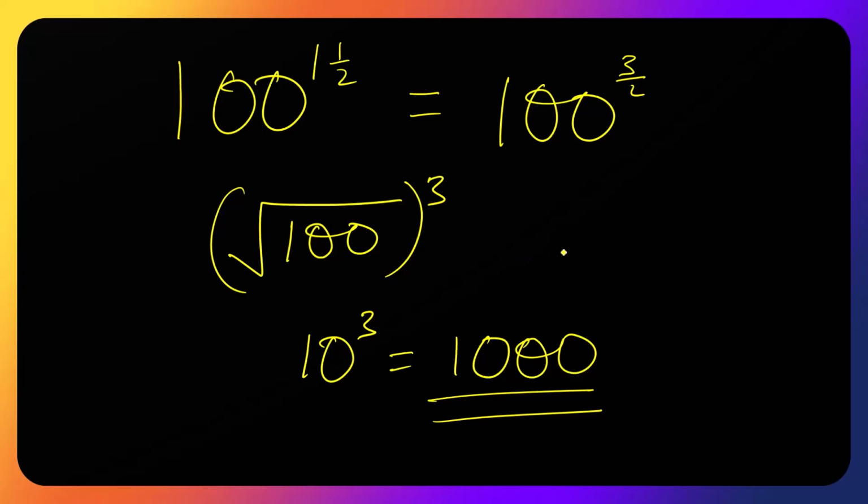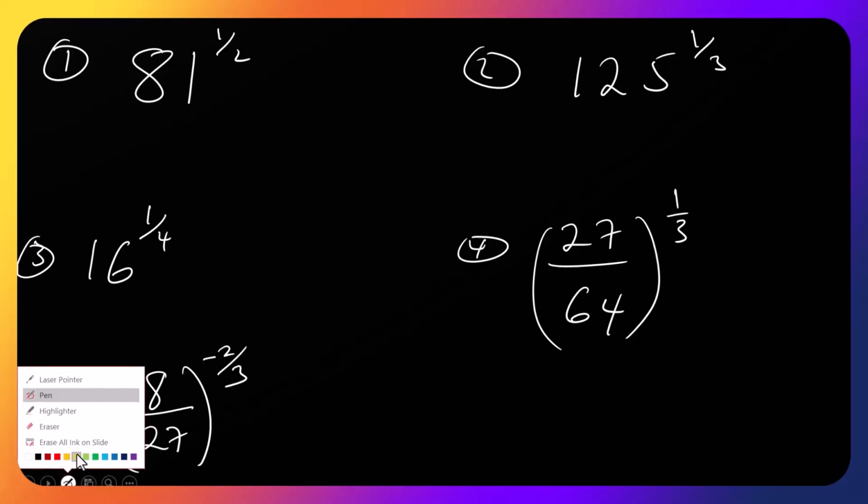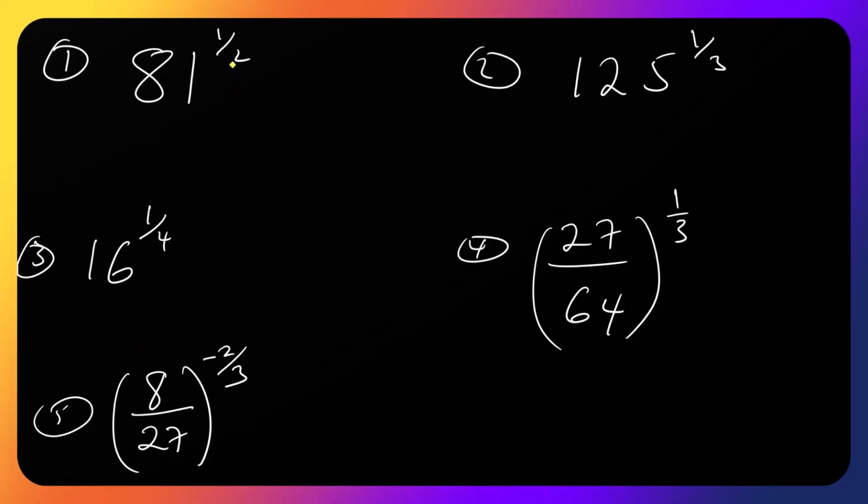All right. Now that we know the laws and the properties of indices, let's observe the following examples. The first one has to do with 81 exponent half.